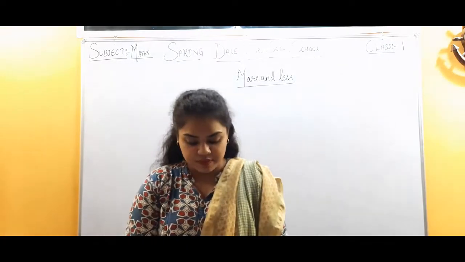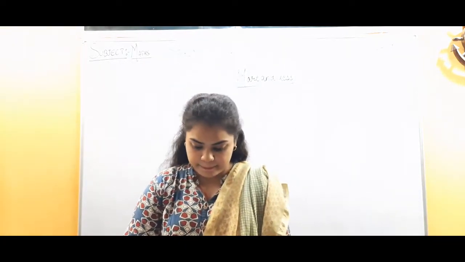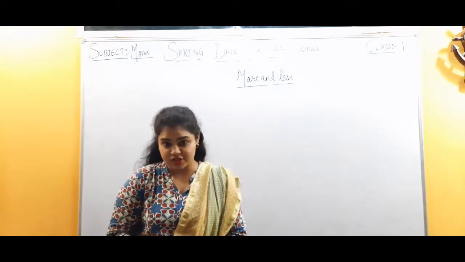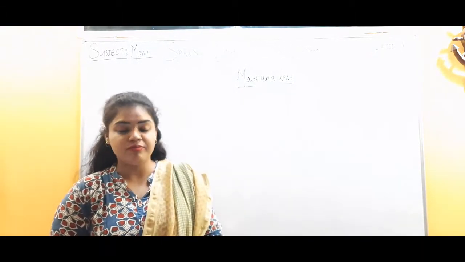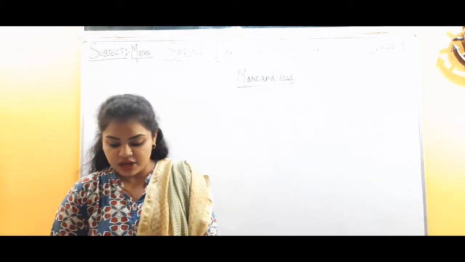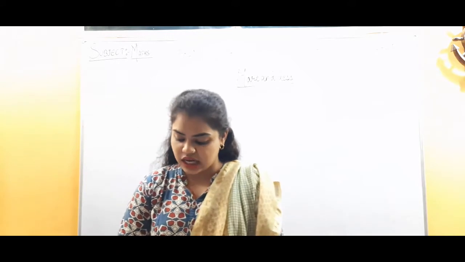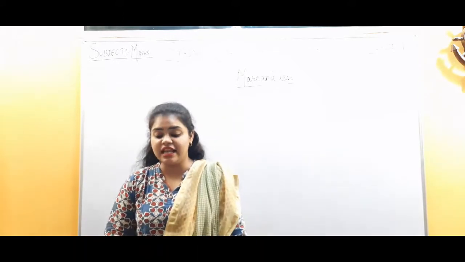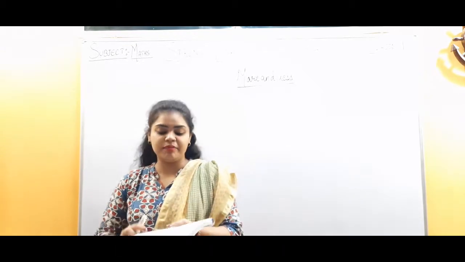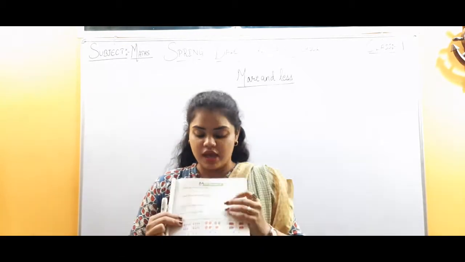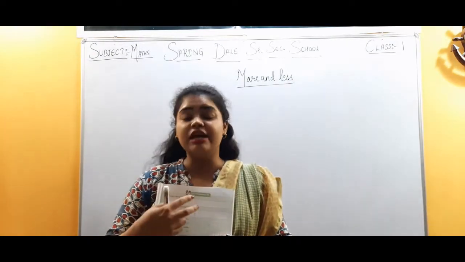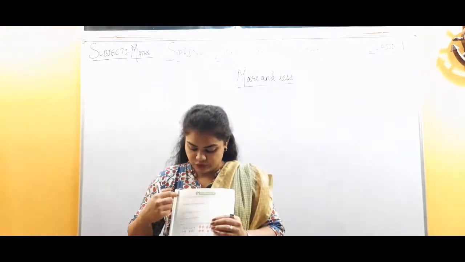Coming to the next page, that is page number 17. We are having one exercise, that is self-practice 1B. Here we have the first question. Color the set that has fewer fishes. Now in your textbook, look at page number 17. Here are some pictures of fishes on the right and left sides.